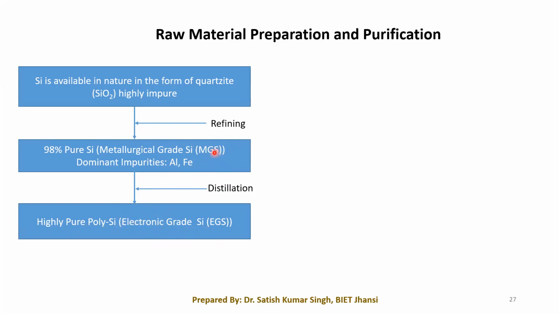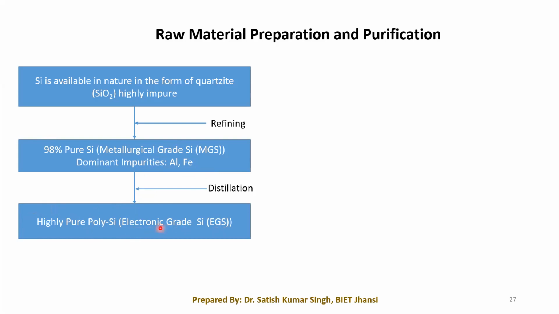This is called electronic grade silicon. The MGS is not suitable for making any ICs, so for making ICs we need to refine it further. We have to eliminate these impurities and get the highly pure polysilicon, which is called electronic grade silicon.